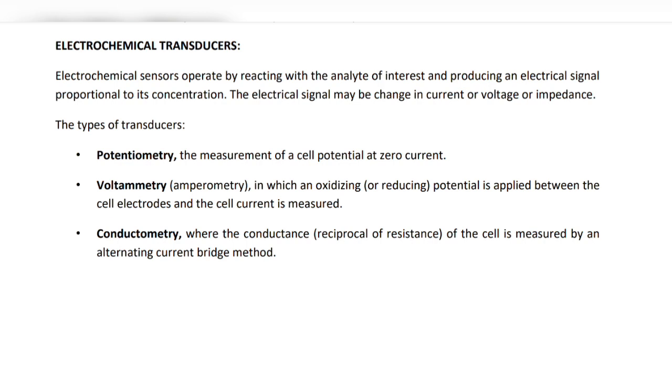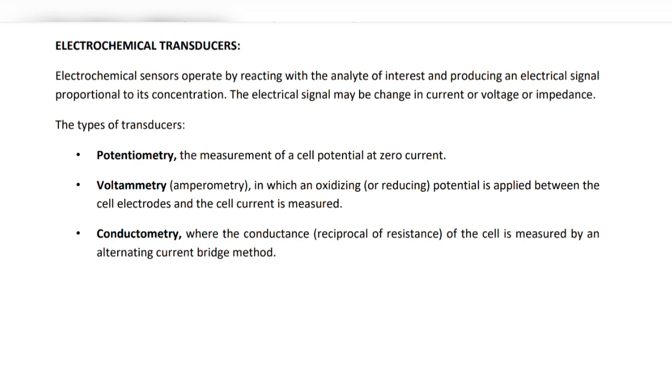So there are different types of electrochemical transducers also, on the basis of what type of parameter or electrochemical property is changing. Suppose the electrical signals may be change in current, voltage or impedance.